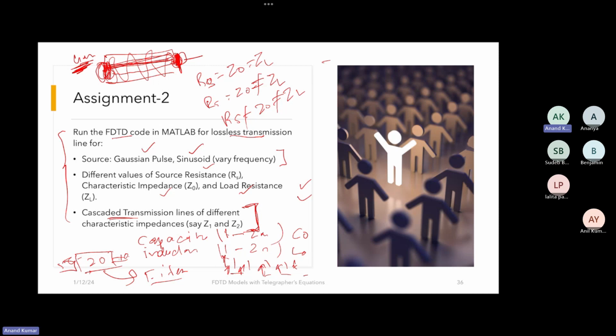I've not shared the codes for 3D in that course. I think I had shared the playlist in the group. I'll share it again. In that course, we work with Maxwell's equations with electric and magnetic fields, and we have covered 2D properly in that course, TE and TM cases. So maybe you can take a look at that.